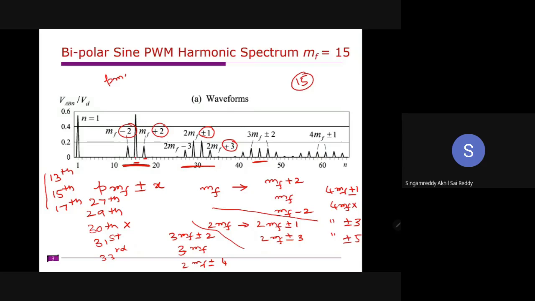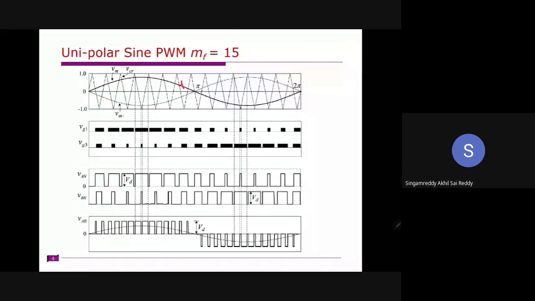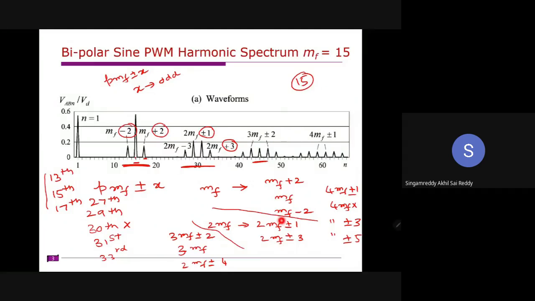So this X will be an odd number in case of P even. So if P is an even number, this X will be an odd number.